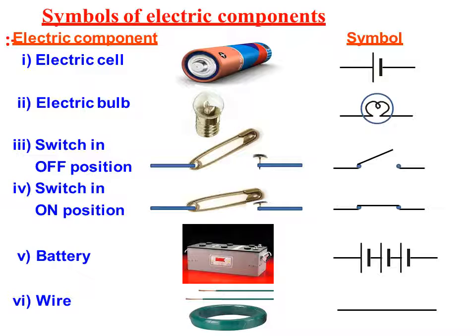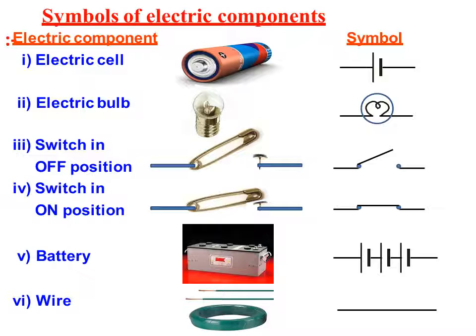We have a switch, which is a metal, made of steel or aluminum. Then we have a battery, which means stored energy, and we have a wire, which helps the electric current to flow.